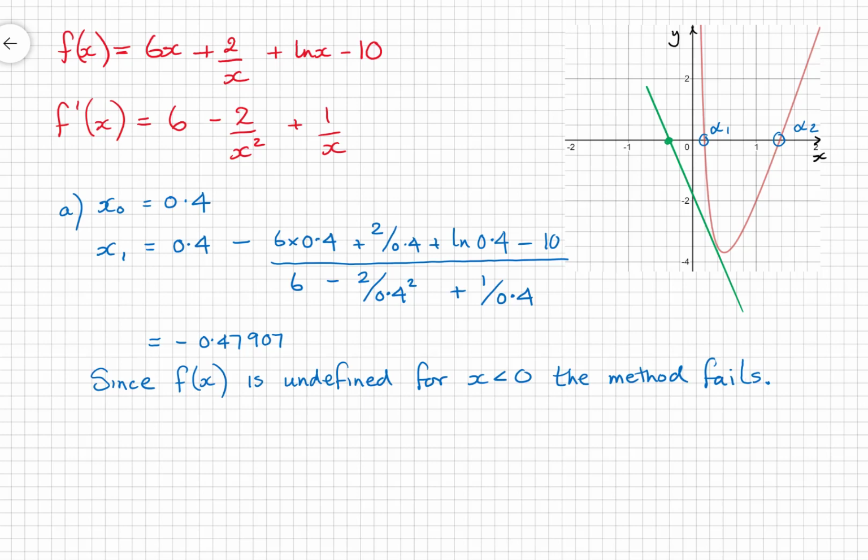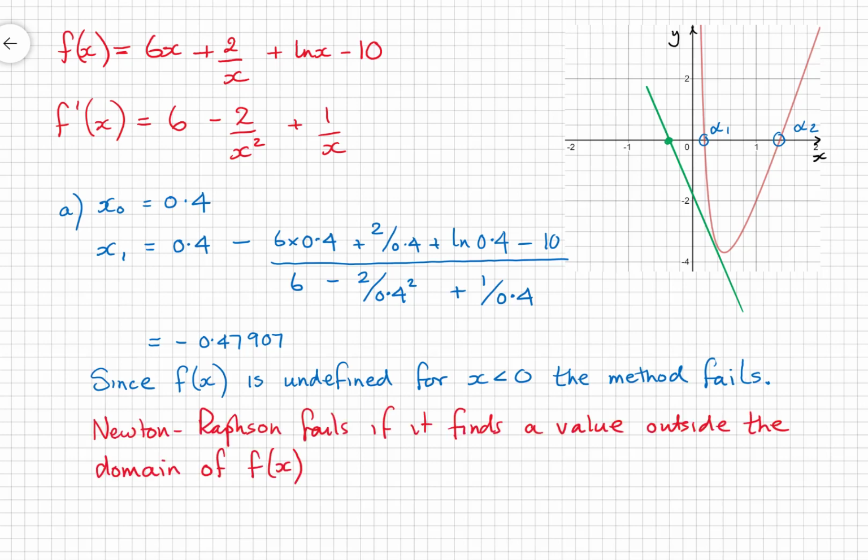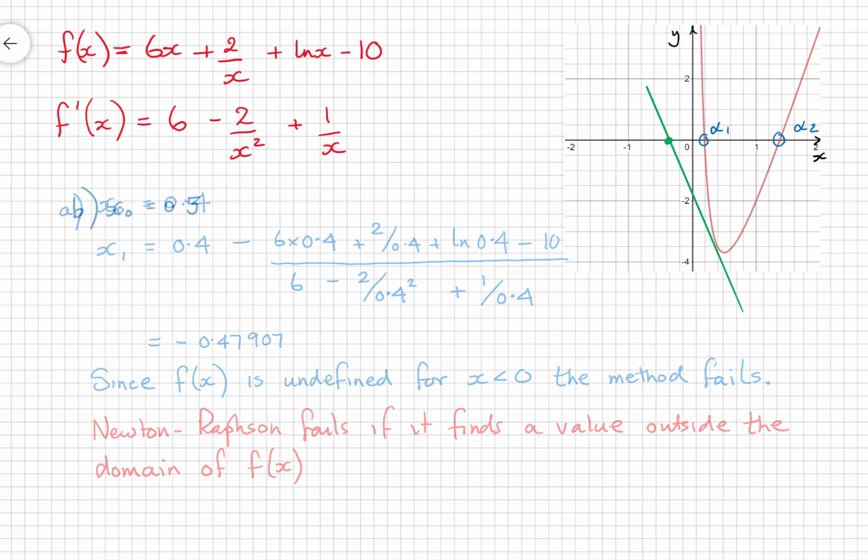And that then brings us to the first reason for failure with Newton-Raphson, and that is it will fail if it finds a value that is outside the domain of f of x. Remember that the domain are all the valid values of x for which the function exists.